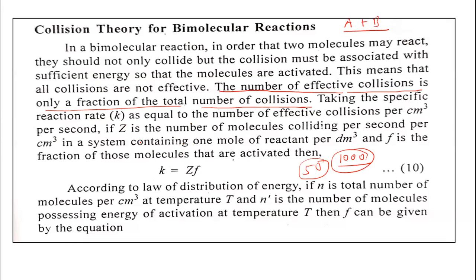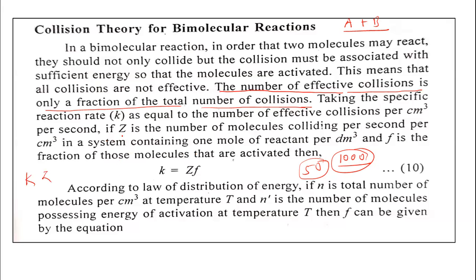If Z is the number of effective collisions, Z is the number of molecules colliding per second per centimeter cube.